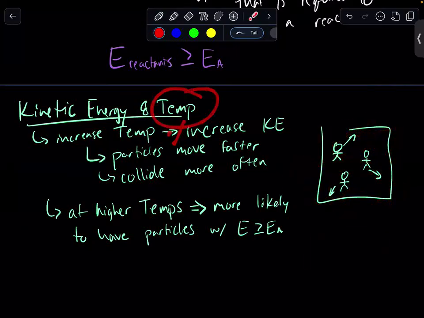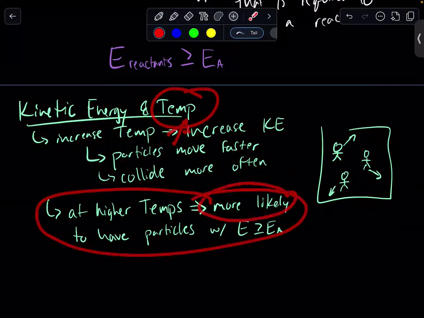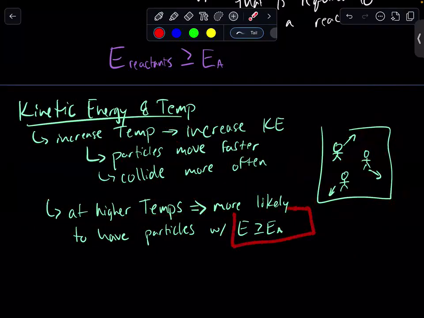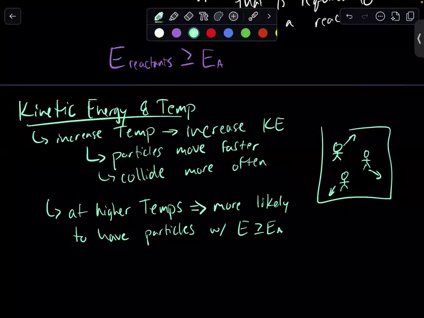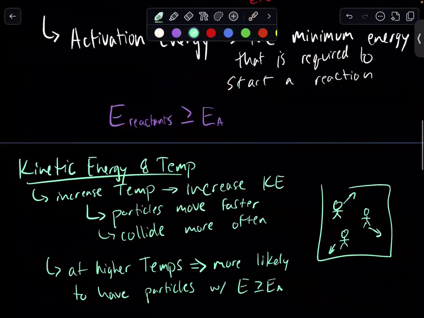Temperature is average kinetic energy, meaning that some particles are moving faster or slower than others. But what this means is at a higher temperature, there are going to be more fast particles, and those fast particles are more likely to have that greater energy. It doesn't mean all particles are, it just means that a larger proportion of particles in a solution or in a container are going to have energy higher than the activation energy. So that's what we mean by enough energy.